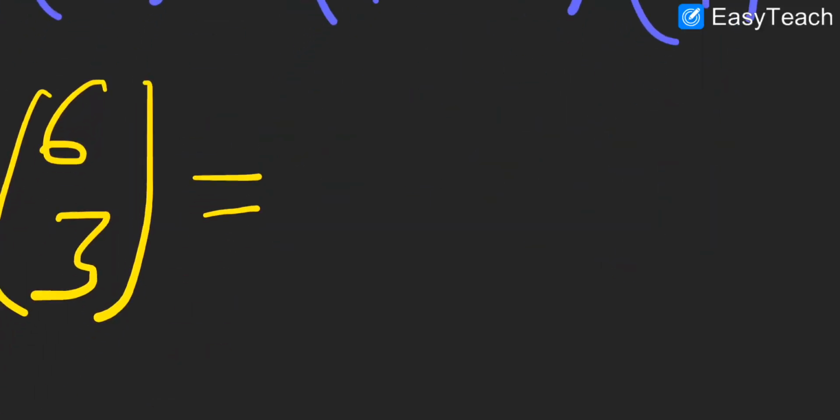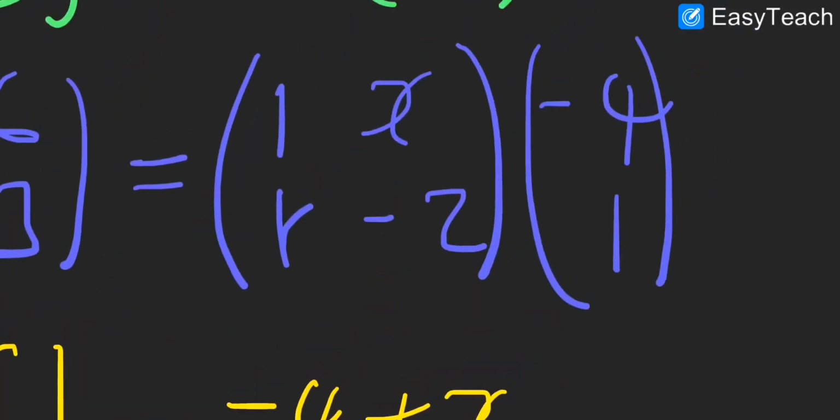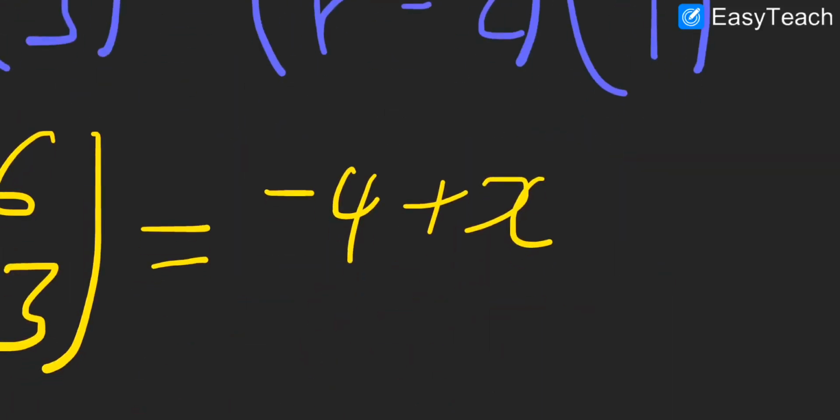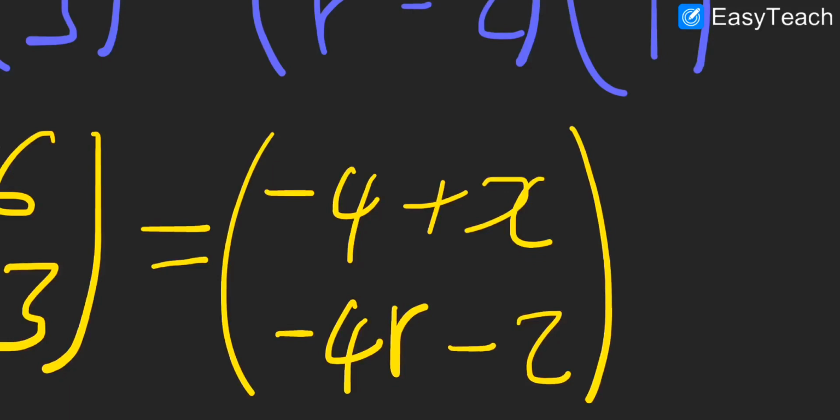Second row, this one times this one will be negative 4r, and then negative 2 times 1, which is negative 2. So we get negative 4r minus 2.